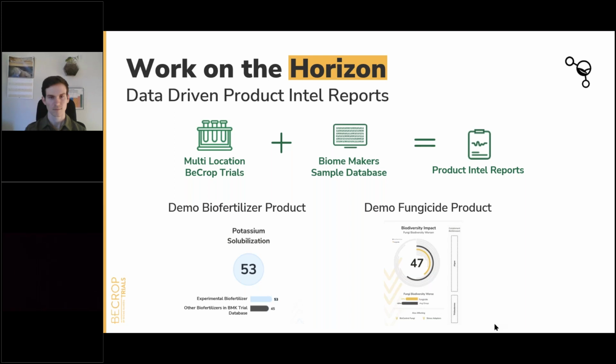So that's what's on the horizon. It's really exciting, using multi-location analysis to benchmark biological products and really help differentiate products in the marketplace. This is something we're piloting that's really exciting because for decades we've had large scale models and tools for chemical fertility to look at yield curves and prescribe fertilizer.